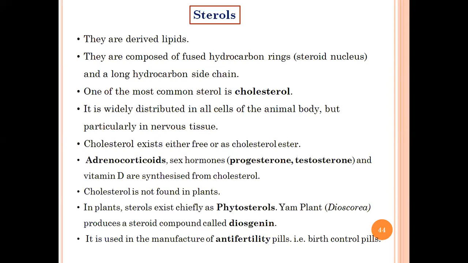Apart from that, as I mentioned, there are many plants which also show the presence of steroids. They do not have any cholesterol as such, but they do contain specialized steroids. A few examples include phytosterols. The sterols we see in plants, we mainly call phytosterols. Phyto means plant, sterols means steroids. One such example is Dioscorea, which is commonly known as the yam plant.